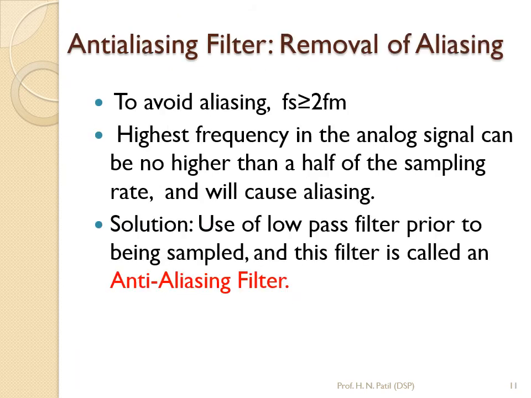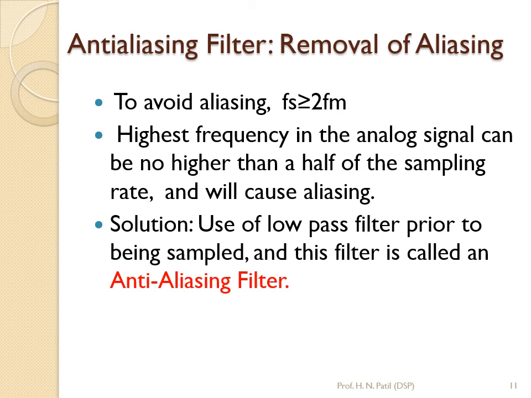Now sometimes it may happen that in spite of many efforts, the sampling frequency cannot be increased beyond a limit, because the highest frequency present in the analog signal is higher than half of the sampling rate, and that causes aliasing. So in such cases, what will be the solution to avoid that aliasing, or how to remove the noise present because of aliasing?